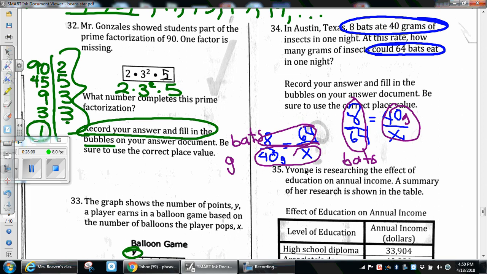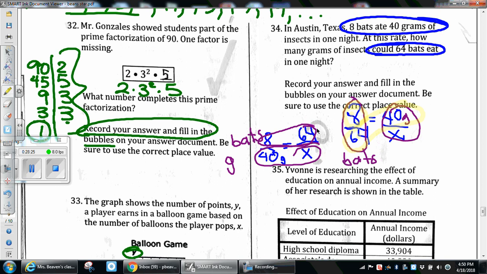So it doesn't matter which path you take, you will get the same answer. And so the answer will be 64 times 40. An easy way to remember is to multiply the ones that are across at a diagonal and divide by that number. So it's going to be 64 multiplied by 40 and then divide by 8.